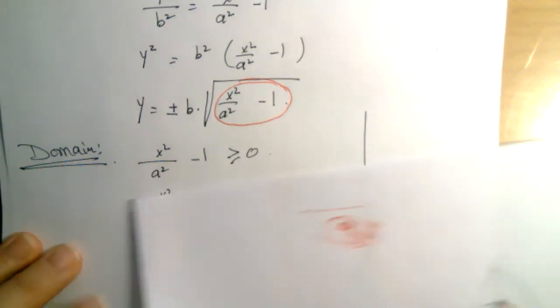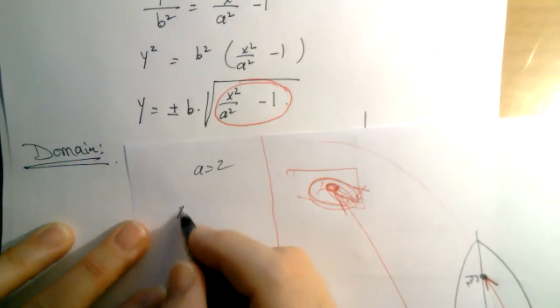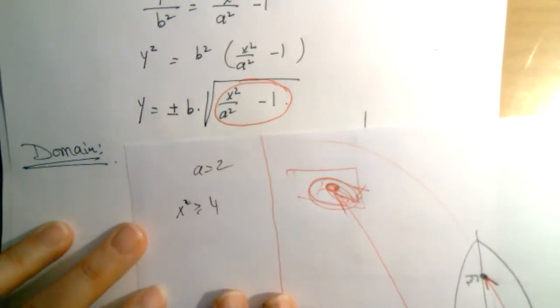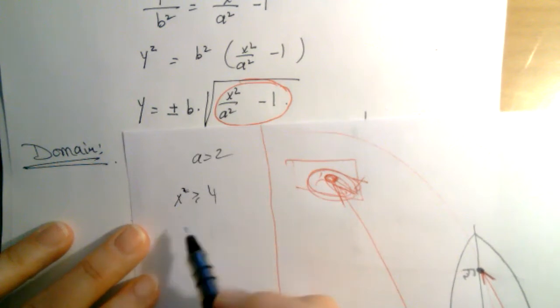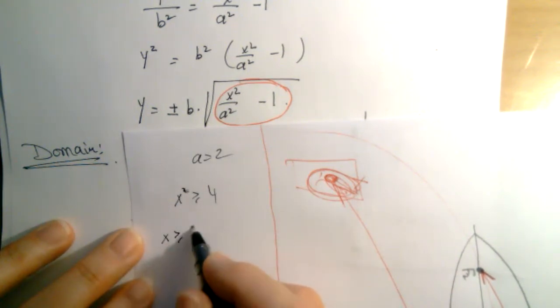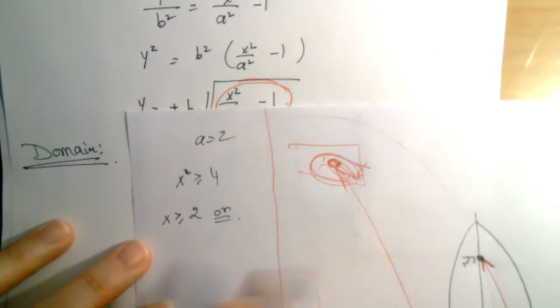So let's take an example. Suppose a is 2. And I tell you x squared is larger than 4. Which values can x take? If x squared is larger than 4, it means x has to be greater than 2. Or what other values can x take?